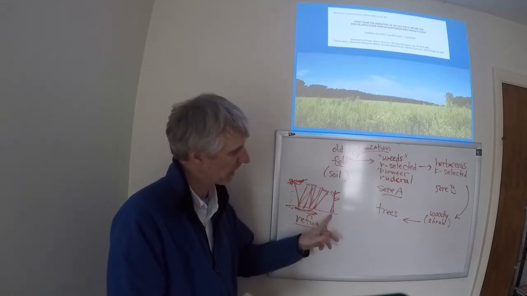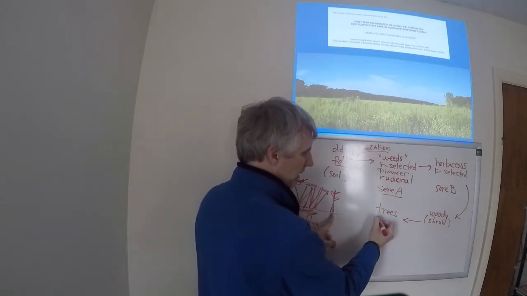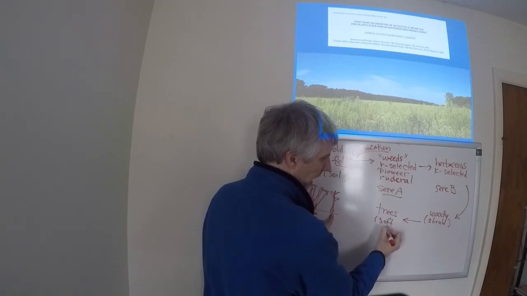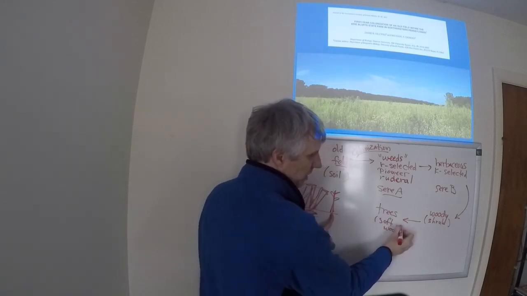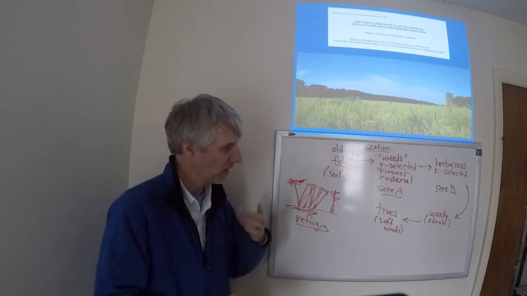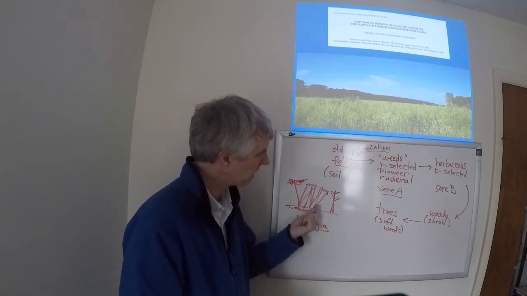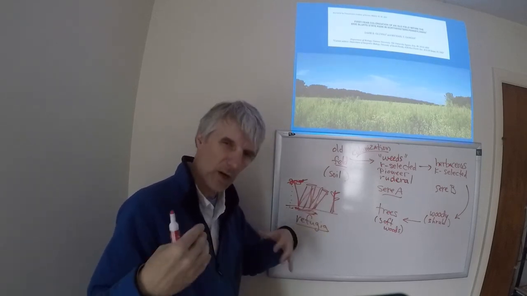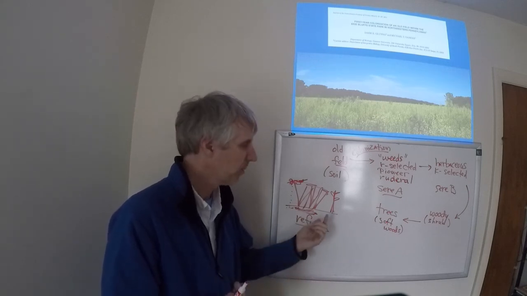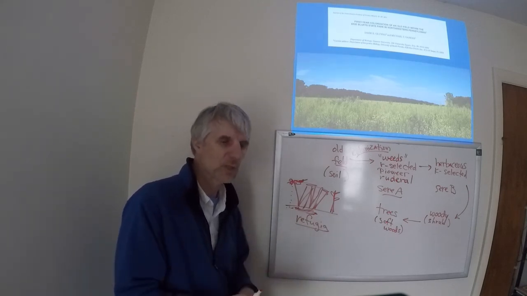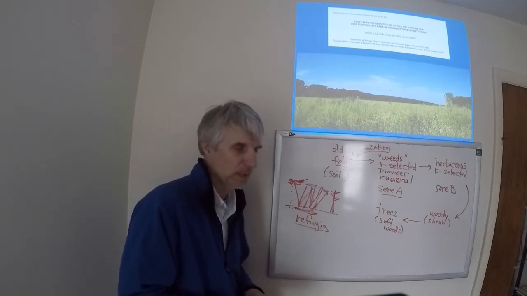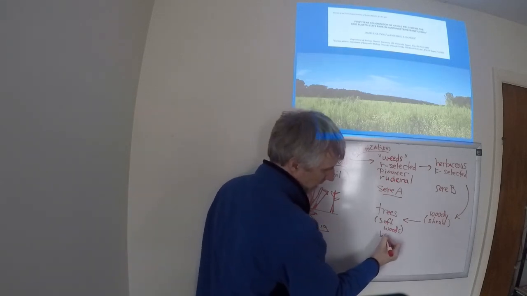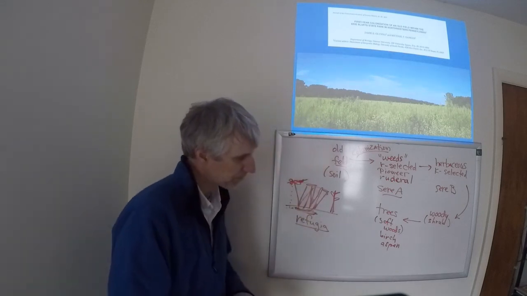So eventually we're going to get some trees moving in. These trees collectively I would refer to as the softwoods. The softwoods, they like to germinate under some cover early on in life, but they also can handle full sun when they're seedlings. Around here, it's things like birches, aspen.